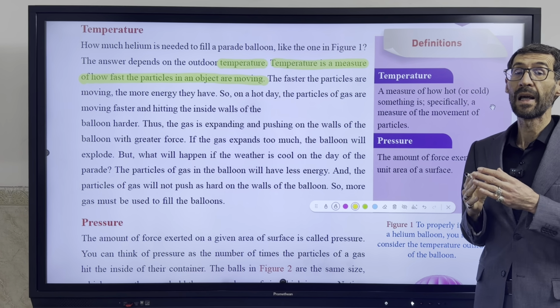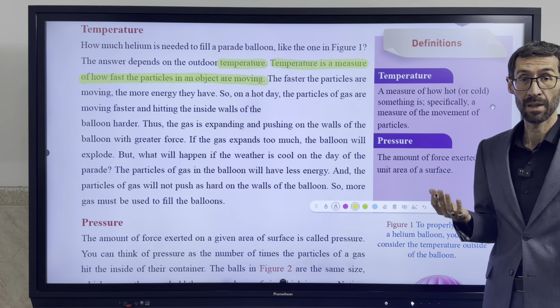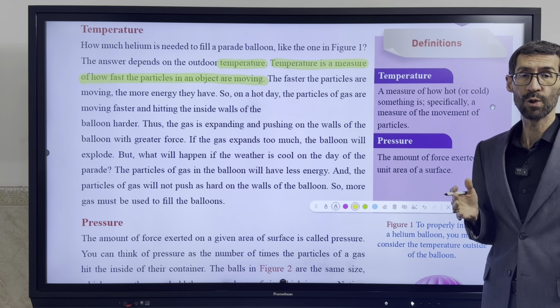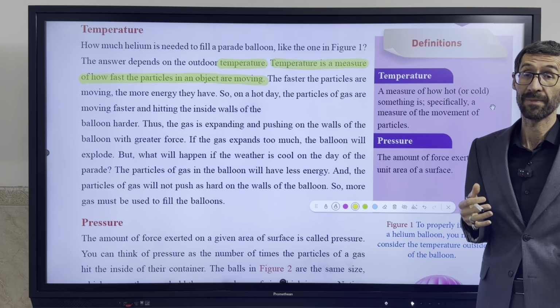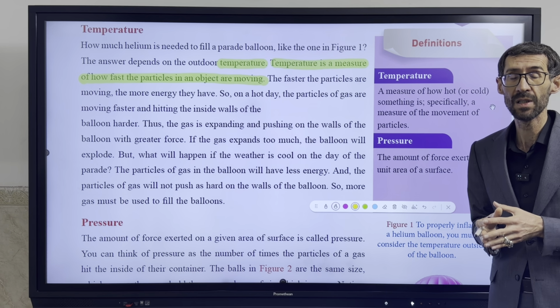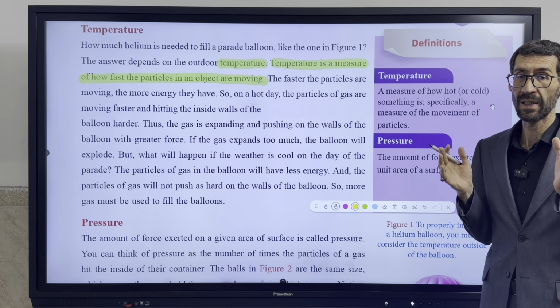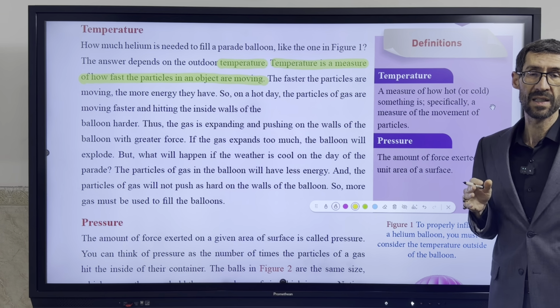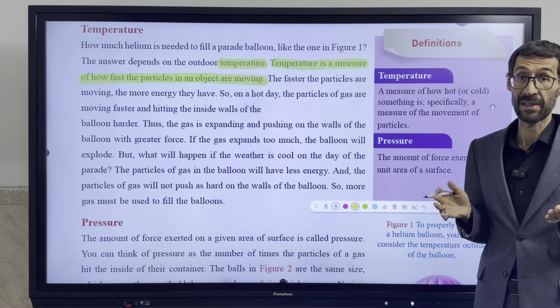It's strange, right? How does temperature have to do with the speed of particles? But it does. Keep in mind that temperature is a measure of the speed of particles, whether the object is solid, liquid, or a gas. It doesn't matter.